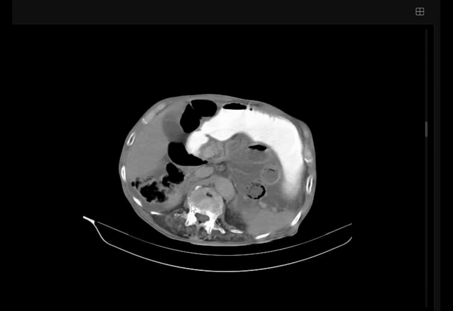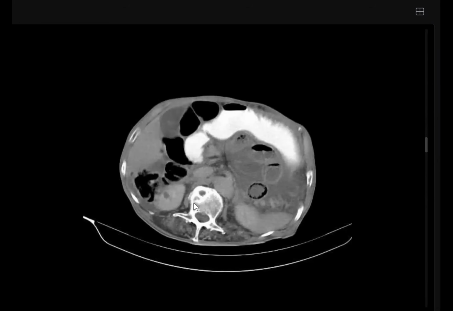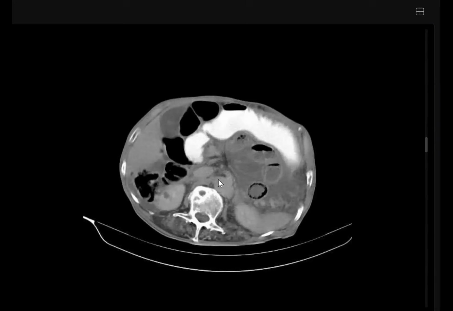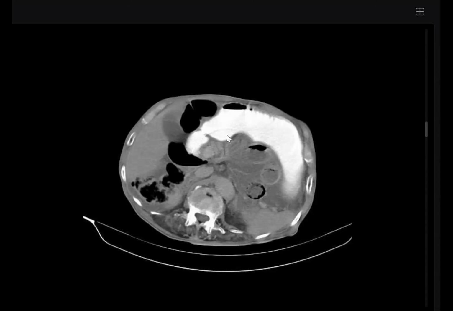So I feel like this is secondary to herniation. What type of hernia? Just a general term. Internal hernia, yes, sir.